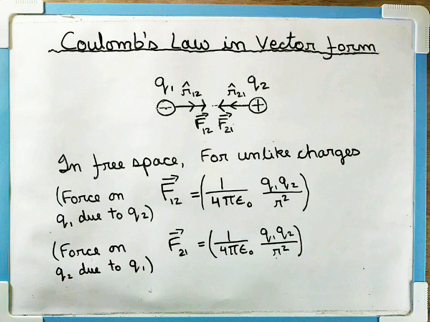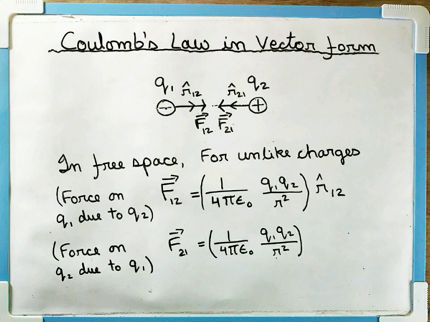Alright, so if we have unlike charges, what will be the nature of the force? If we have unlike charges, then the nature of the force will be attractive. So here, if we have Q1 negative and Q2 positive, the force F12, the force exerted on the charge Q1 due to the charge Q2, will be in this direction.